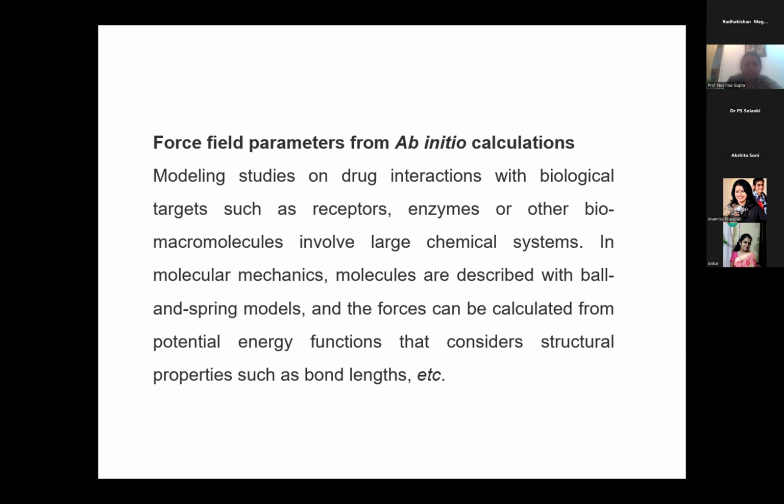In molecular mechanics, molecules are described with a ball and string model, and forces can be calculated from potential energy functions that consider structural properties such as bond length, etc. So when we talk about the ball and spring model, we consider the bond length, and the potential energy of the system can be considered.